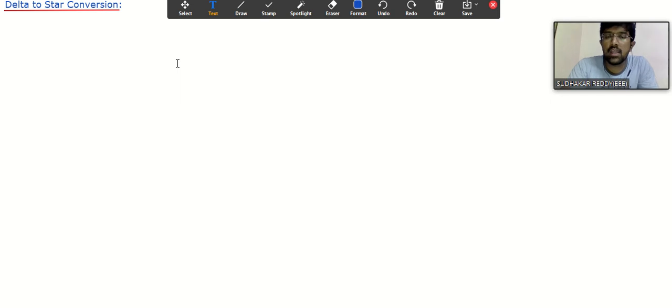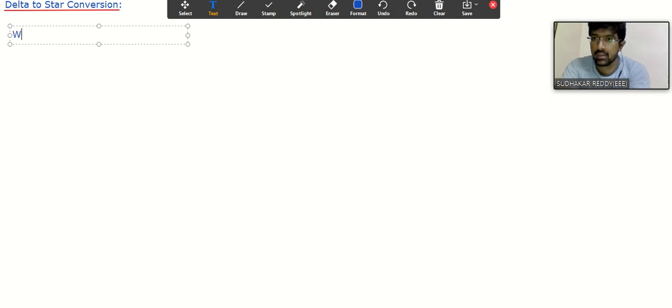So we need to find out the star values from the given delta. And keep in mind, if we are converting from delta to star, the performance of the delta connected resistance and the equivalent star connected resistance must be same. There should not be any change in the performance. Keep this in mind. So with that condition, now I will try to convert a delta into a star equivalent circuit or connection by considering the resistors.